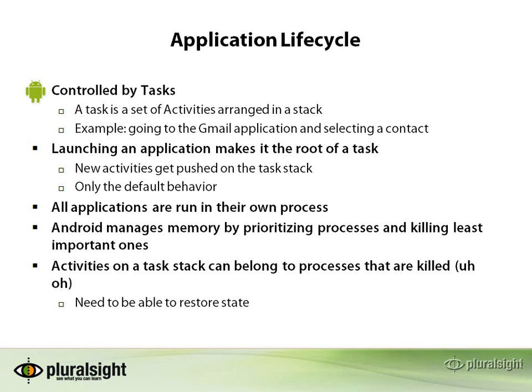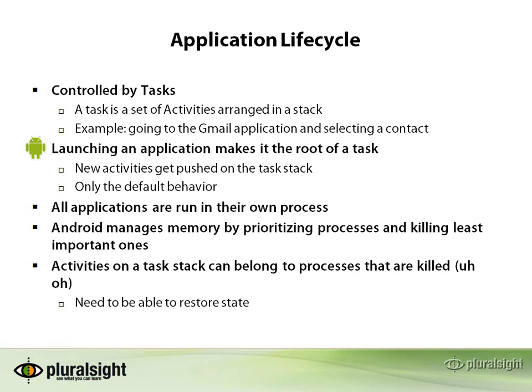What's going to happen there is that Gmail will still be on the stack. The mail message will be the first thing on the bottom of the stack, and then a new activity will come on top of the stack, and that new activity will be that contact's details.